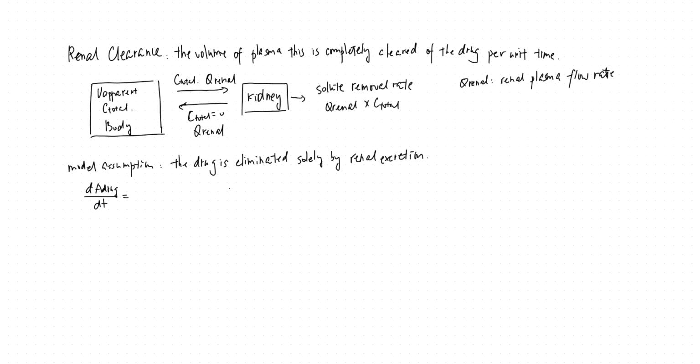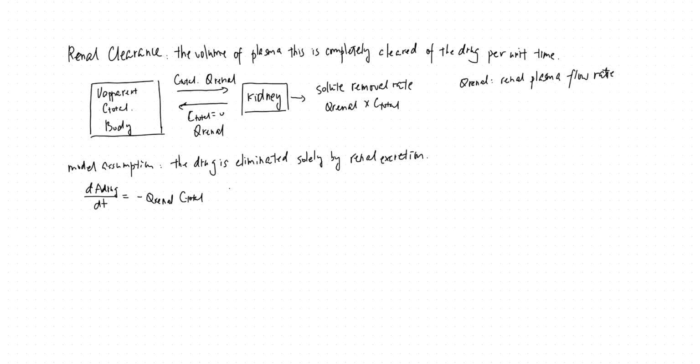There's no in because we are modeling the body, not the process of continuously taking the drug. The drug has already been taken and no new drug moves into the body. Then minus out: minus Q renal multiplied by C total.